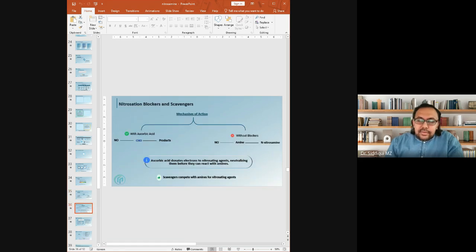The mechanism basically is that ascorbic acid donates electrons to nitrosating agents, neutralizing them before they can react with amines, and scavengers can compete with the amines for nitrosating agents.